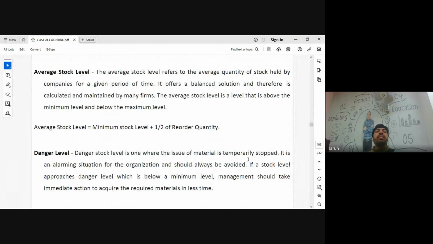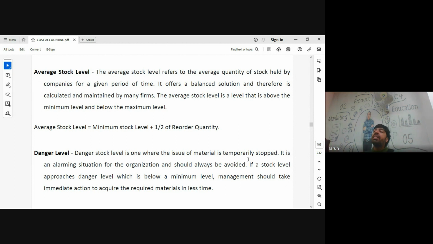There is also another level, that is the average stock level. So average stock level refers to the average quantity of the stock which is held by the company for a given period of time. It offers a balanced situation where there would be no loss, no profits.